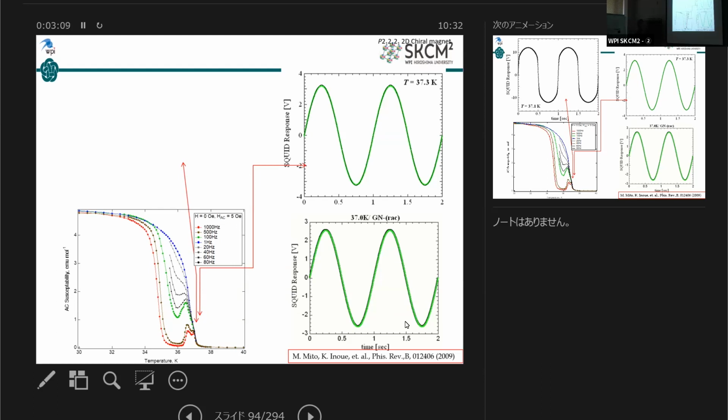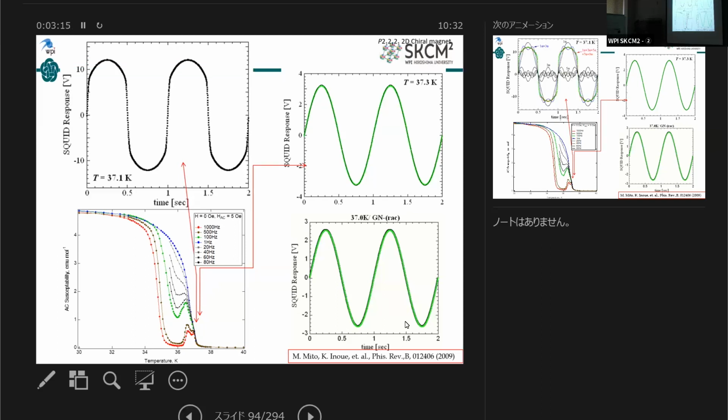This is good, a sine curve above TC. But below TC, just 0.2 Kelvin lower from this point, they go to this response. At the same temperature, the racemic one is normal.